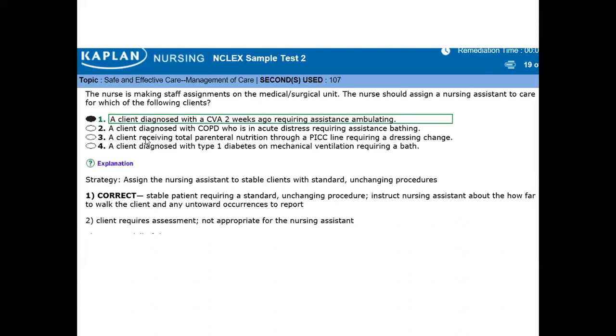Number 3, a client receiving total parenteral nutrition through the PICC line. So if the patient takes total parenteral nutrition through a PICC line, definitely we need an RN, because central line care is not easy.